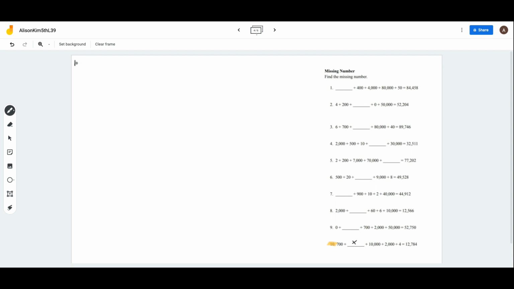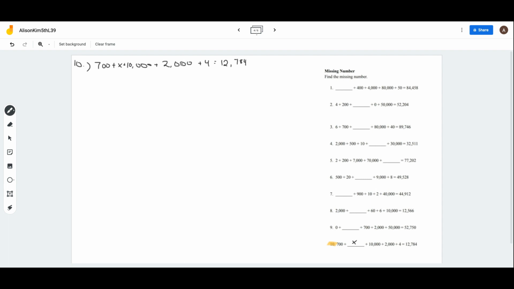So number 10's new equation will be 700 plus x plus 10,000 plus 2,000 plus 4 equals 12,784. Now, once again, we're going to look at the left side, and we're going to look for same terms.